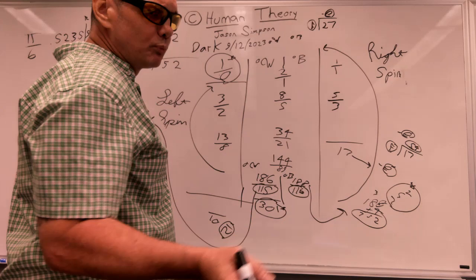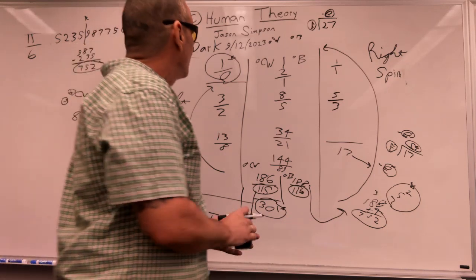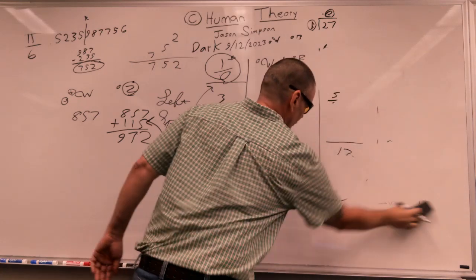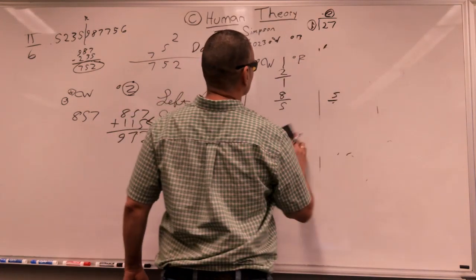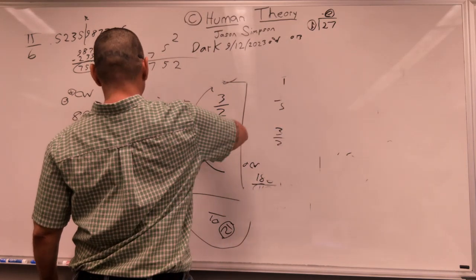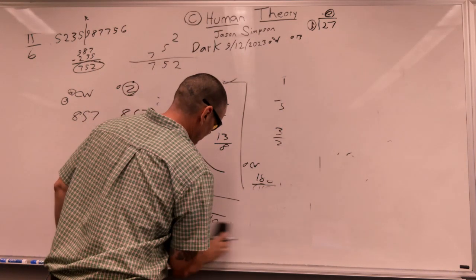Okay, now to prove the point, we're going to take a proton and a neutron, and I'm going to show you the reason why the mass is different.